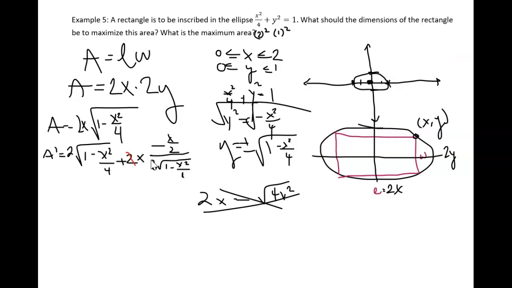So we need to do some arithmetic here. So I'm going to set this equal to 0. Just imagine this is brought down as is. Now I'm going to multiply everything by the square root of 1 minus x squared over 4 because that's going to get rid of that denominator. So we've got 0 equals 2.